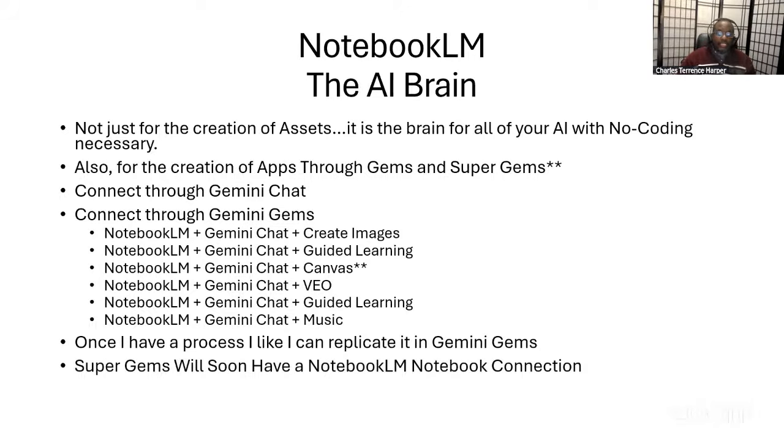Now, one thing I do want to say here is that Super Gems, which uses Google Opal, is a way of being able to create applications without coding, right? And I want to say this parenthetically to you: you don't necessarily want to get excited about the same things that a coder gets excited about, because that just makes us dependent on the coding process.